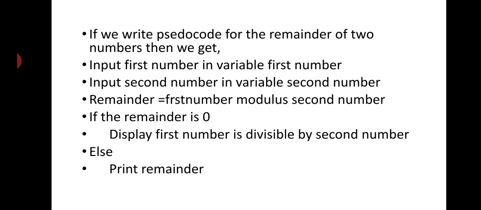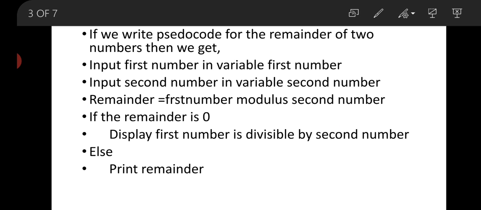Now let's understand with the help of an example. If we write pseudocode for the remainder of two numbers, in our previous lecture we studied the algorithm of finding the remainder of two numbers, and then we designed the flowchart. Now we are going to write pseudocode for it.